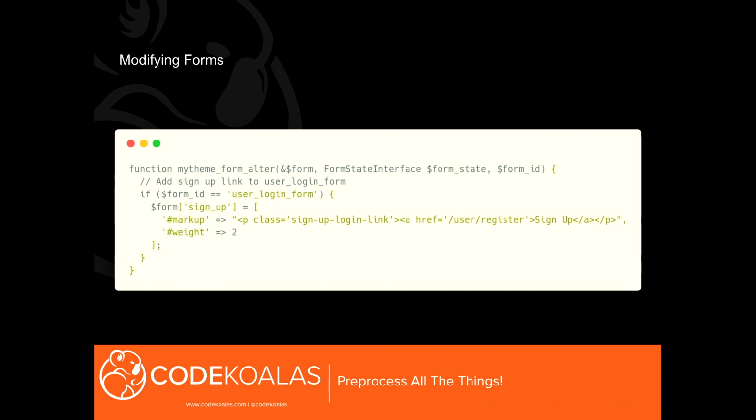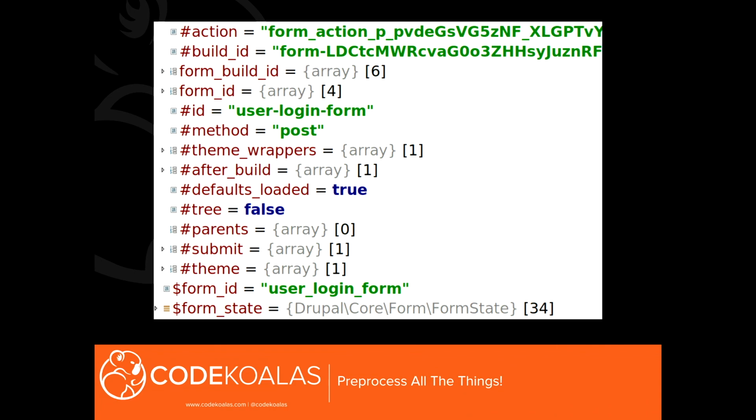So if you're on the user login form, we're going to create a new array under form called sign up, and inside that I'm setting the markup to a paragraph with an A tag inside it, and I'm setting the weight to 2 so it doesn't show up right at the top, and that will add a new link to your user login form.